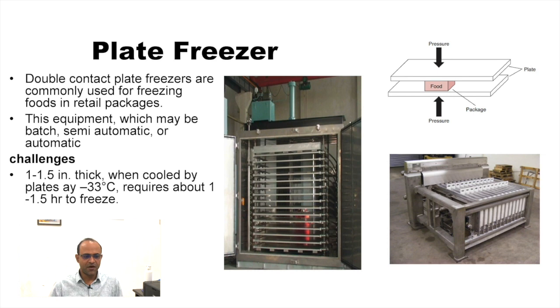For example, for a 1 to 1.5 inch thickness cooled at minus 33 degrees, it will have long freezing times of 1 to 1.5 hours. So they are very slow freezing processes, and there are repercussions for this slow freezing, which we'll discuss in the coming slides.